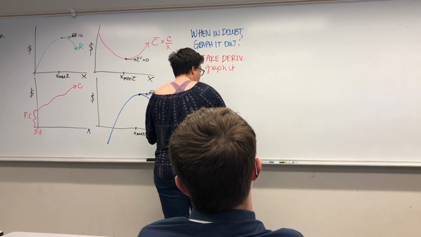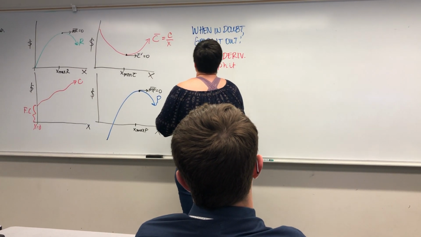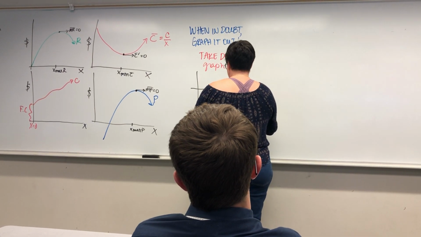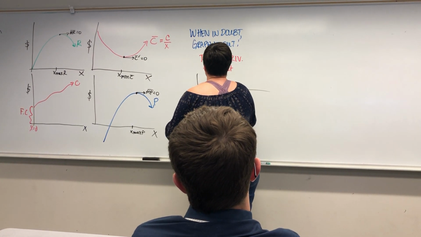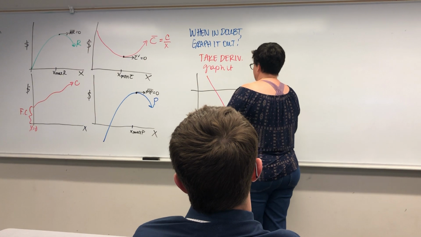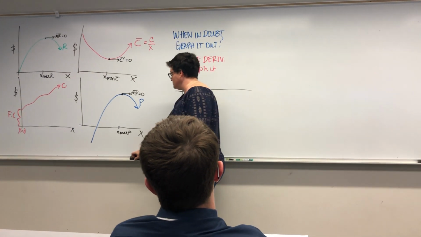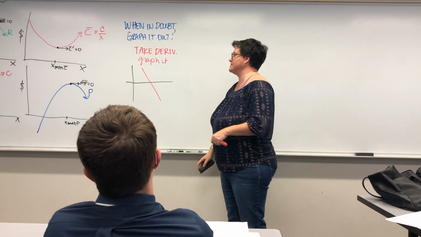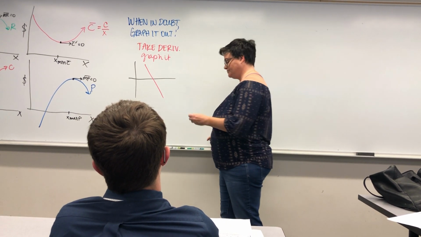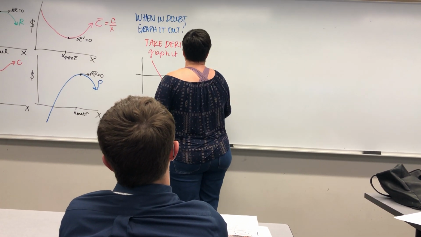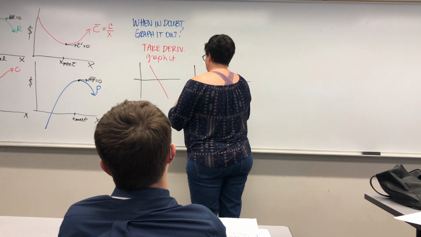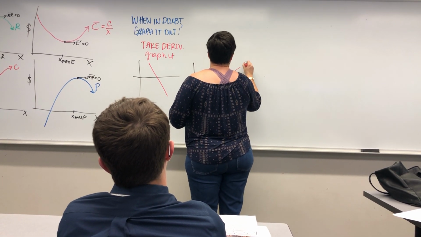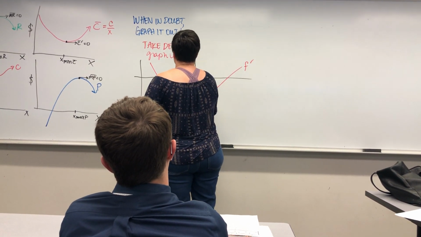And remember, when you're graphing derivatives, you're graphing x versus slope. So to find the place where slope is 0, it's either going to look like that, the place where it crosses the x-axis going down and to the right, or it's going to look like this, crossing the x-axis going up and to the right. So this is your derivative, whatever it happens to be.